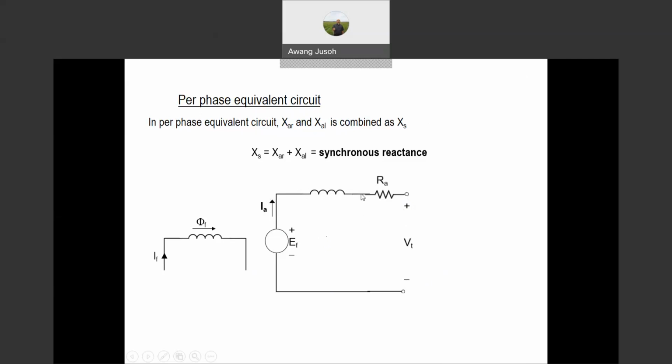RA and jXS represent the impedance of the synchronous machine. And EF represents the voltage induced by the flux from the field current. When we draw the current there, it will create voltage here. This voltage we call the excitation voltage. This is the terminal voltage where we connect our machine to the grid system. And this is the impedance of the machine, which you call the synchronous impedance.